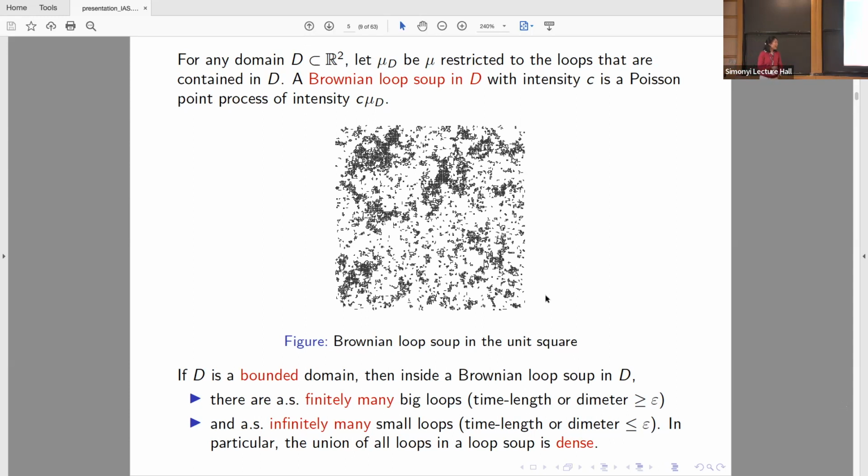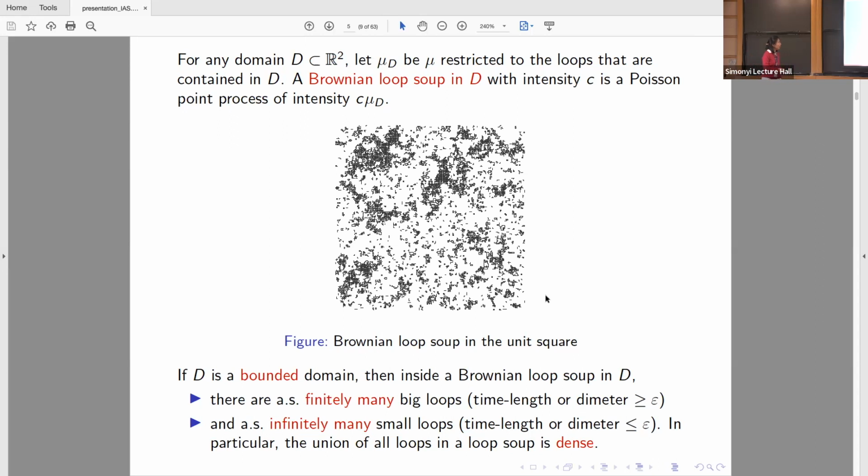Sorry. And you can see that there are almost surely infinitely many small loops. Of course, this picture is only a discrete approximation, but actually the picture is dense in the domain, because around any given point, there are almost surely infinitely many small loops surrounding that point.